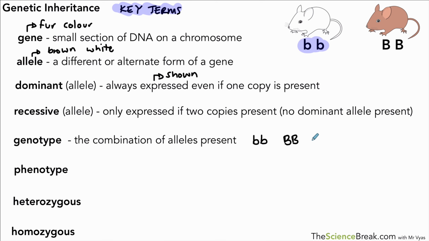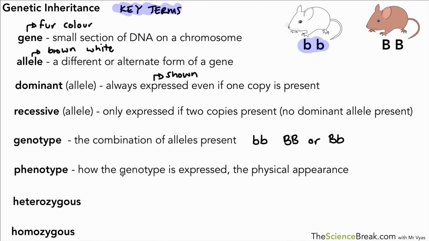So for example, lowercase b and lowercase b, or two uppercases, or even uppercase and lowercase. So that's the genotype, the combination of the alleles that the organism has. The phenotype is how the genotype is expressed, or how the genotype is shown, the physical appearance of the mice. So in this case, the phenotype was either going to be brown or it was going to be white.